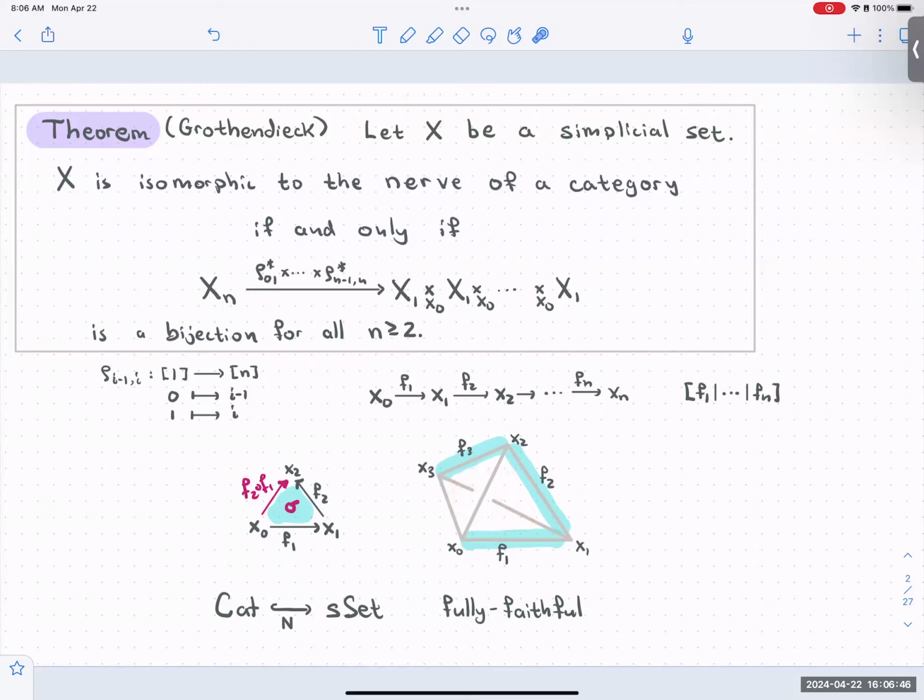So the nerve is a fully faithful embedding. So I find myself often thinking about categories just as certain simplicial sets. And moreover, this inclusion has a left adjoint.